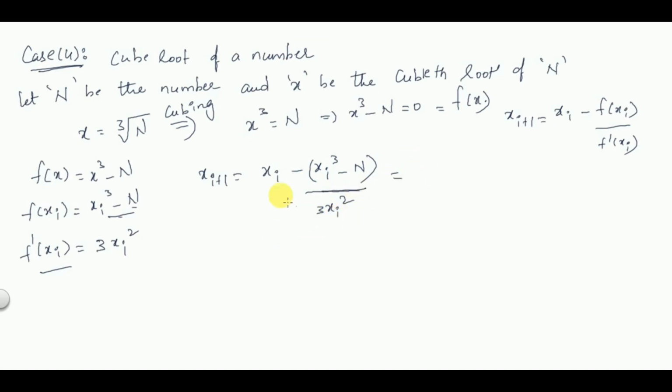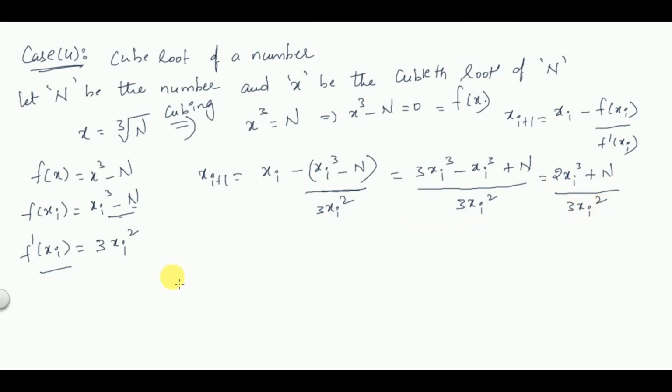Taking LCM, multiplying this with this, 3xi squared into xi becomes 3xi cubed minus xi cubed plus n. Minus into minus becomes plus, divided by 3xi squared. So 3xi cubed minus xi cubed is 2xi cubed plus n, divided by 3xi squared.